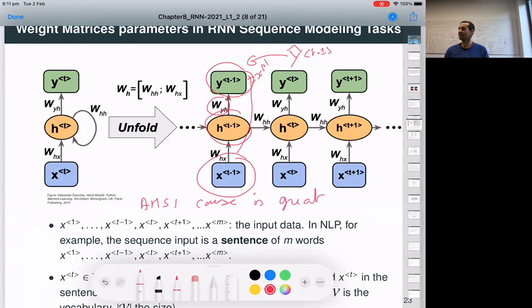Okay, this is my sentence. So this is x1. When you have x1, in fact, you want to predict the next one. And so on and so on. Is it clear for everyone? The y hat and the y?